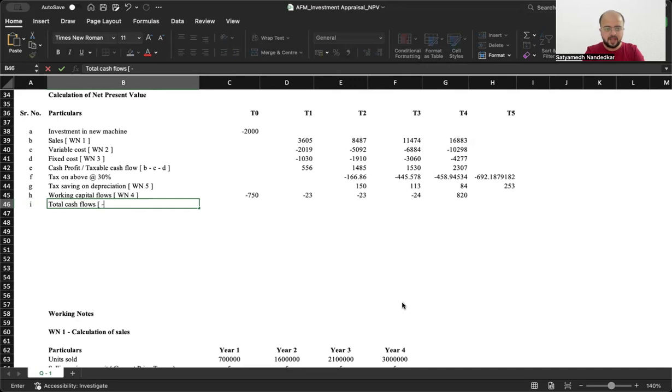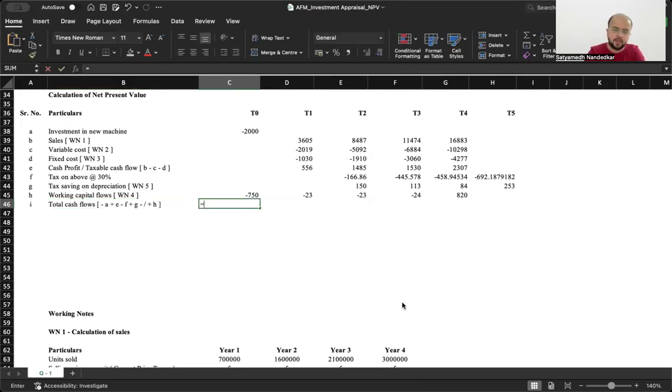Total cash flows is line item A, which is investment in new machine, plus line item E. B minus C minus D is E. So straight away take line item E, which is cash profit, minus F, which is tax payment, plus G, which is tax saving, and minus or plus line item H for working capital.